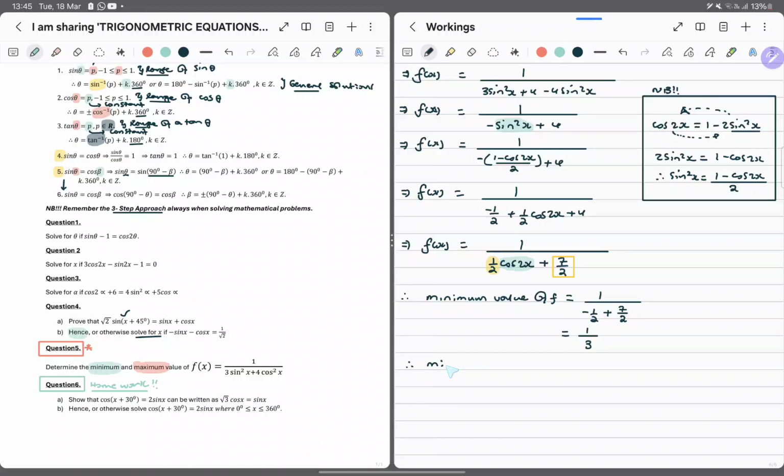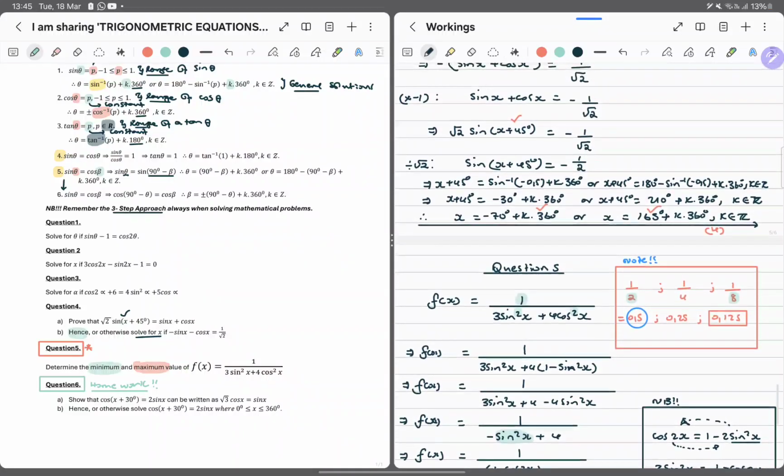And therefore the maximum of f is going to be equal to 1 over, this time we are going to take, remember what did we say? I lied, guys, I lied. No. Remember, for this to be a minimum, what did we say from our notes?